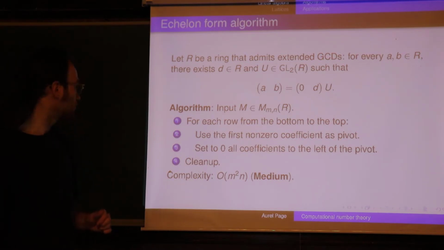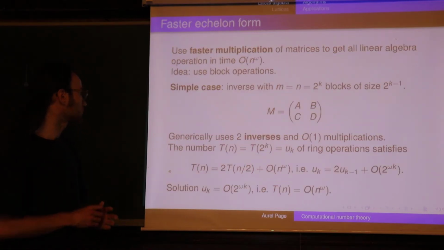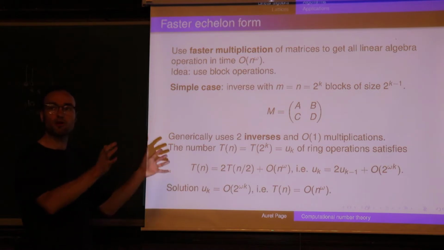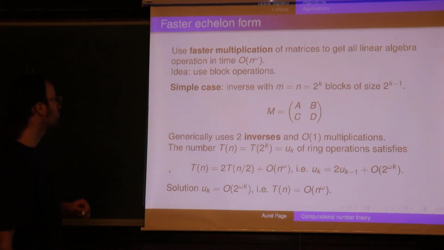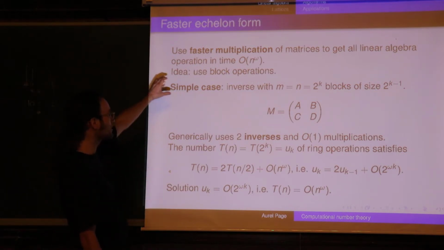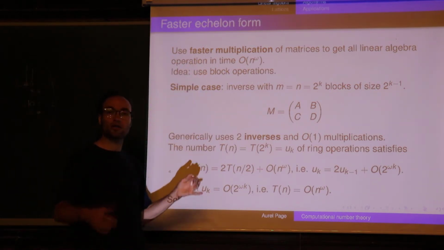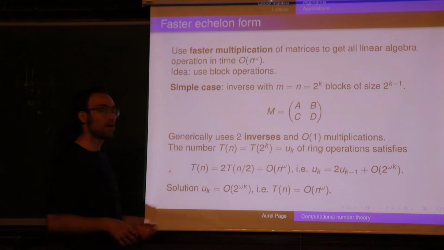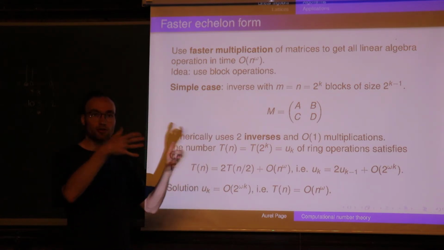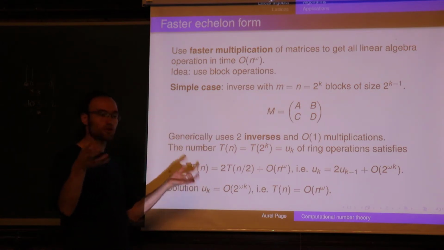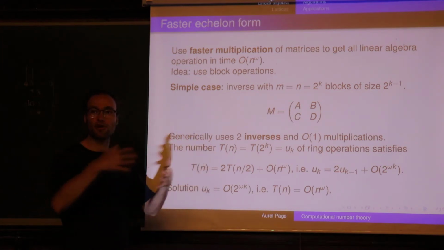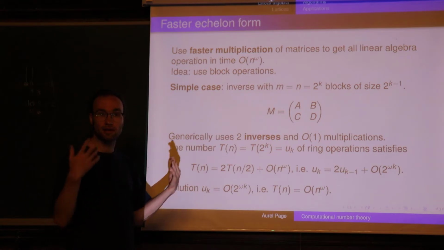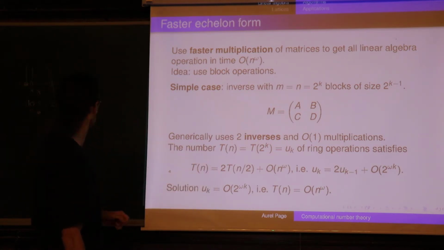So I will not give you the full details on how you do all the operations. I will just do a simple case. Okay? So the broad idea is that you will do operations by block, and by block matrices, and by doing these operations by block, you will, instead of multiplying just coefficients, you'll multiply big matrices, so that will factor out a lot of operations at the same time, and therefore exploit fast multiplication.